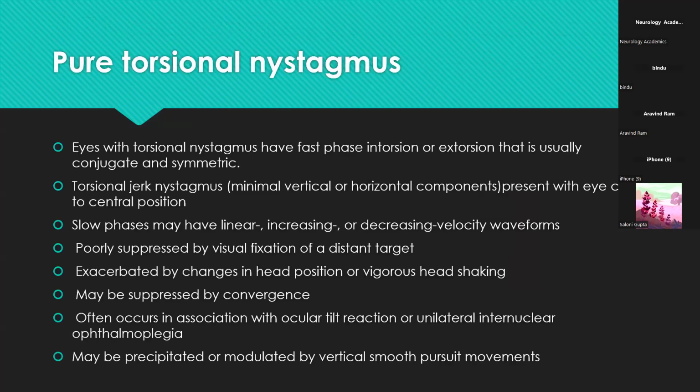Coming to pure torsional nystagmus, another type of central vestibular nystagmus, the eyes with torsional nystagmus have fast intorsion or extorsion that is usually conjugate and symmetric. So in torsional jerk nystagmus, present with eyes close to central position, the slow phases can have again a linear increasing or decreasing velocity waveform, and these are poorly suppressed by visual fixation and are exacerbated by changes in head position or vigorous head shaking.